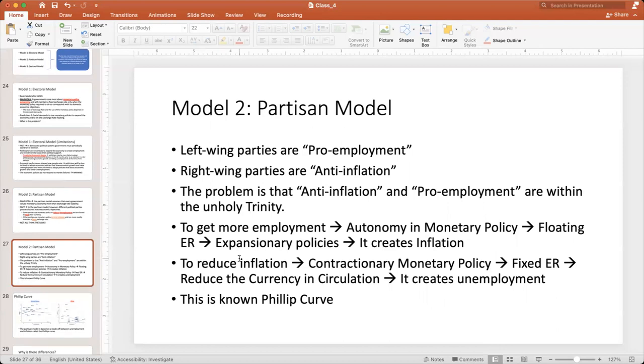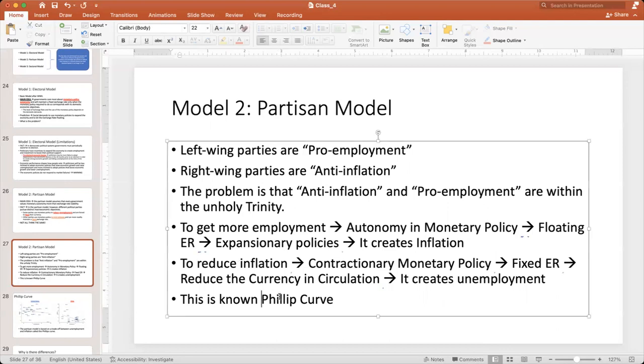However, the problem or the cost of expansionary policies is that they create inflation. If you want to reduce inflation, you have to make contractionary monetary policies. So you have to use fixed exchange rates. You have to reduce the currency in circulation. And the problem with that is that it creates unemployment. And this is known as the Phillips curve.